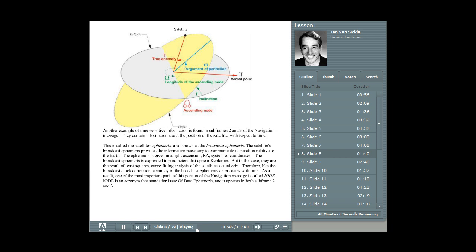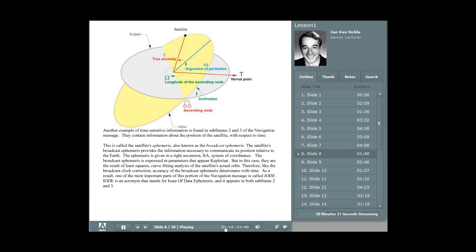The orbit of a GPS satellite is affected by lots of biases, and therefore the ephemeris needs to be updated constantly to keep it within the accuracy required to get good positions on the Earth's surface. Because, of course, these are the control points.